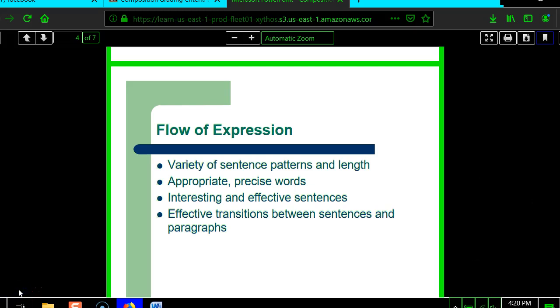As always, we want to keep it interesting and use effective sentences. We also want to use appropriate language. We avoid slang, profanity, contractions, and intensifiers such as huge, totally, or really.